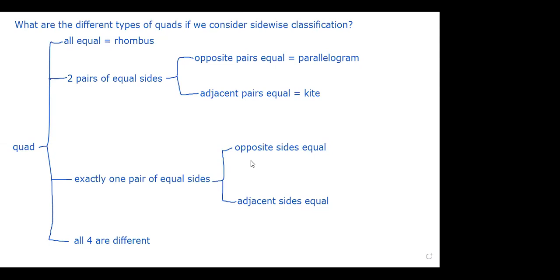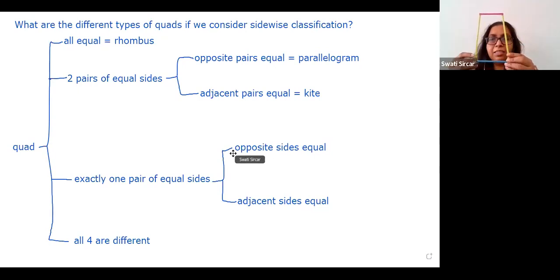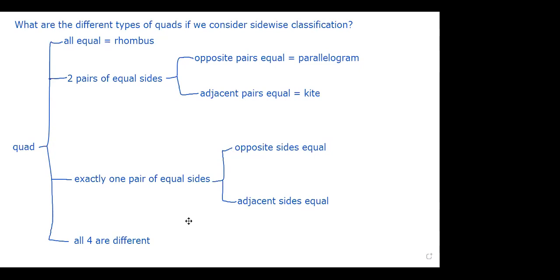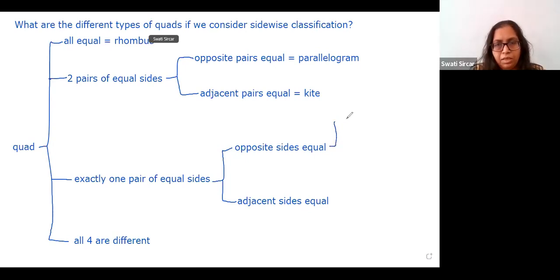The difference is the length of the equal sides compared to the length of the unequal sides. Yes. So in this case, the equal sides are the longest. And in this case, they are the shortest. And in this case, they are in between. So we get 3 branches from this. These are the 3 that I showed you.